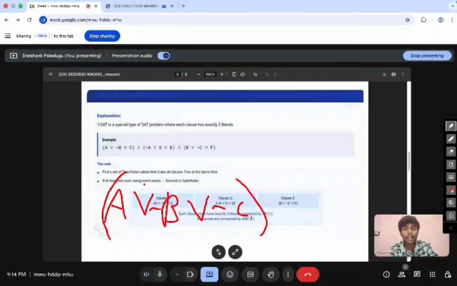Yes, it's a valid clause because it has three literals. All the three literals are clear. That's why it's obviously a clause. Okay, I hope I'm clear with this slide.